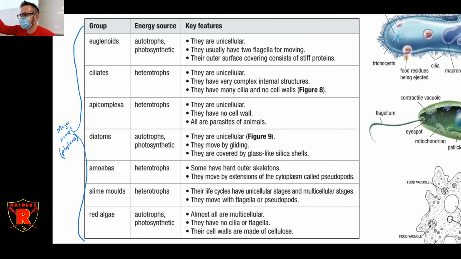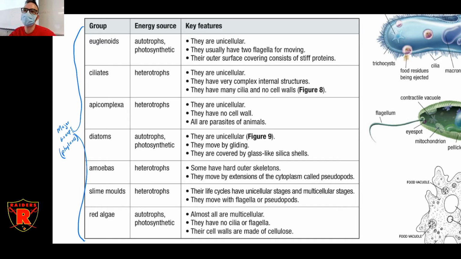Right below kingdom, phylum. It's the grouping right below in the taxonomic structure. So there's euglenoids, ciliates, apicomplexa, diatoms, amoebas, slime molds, and red algae.